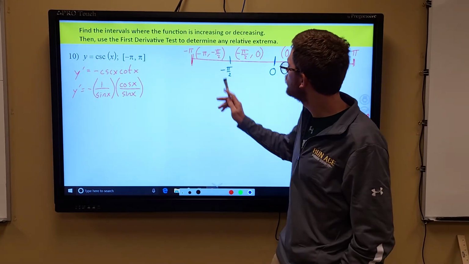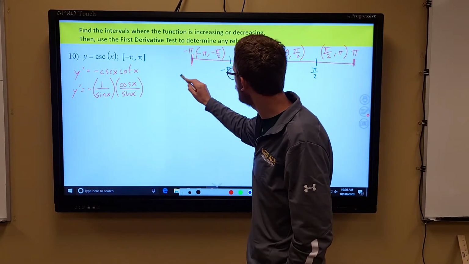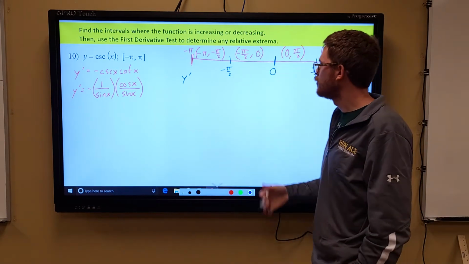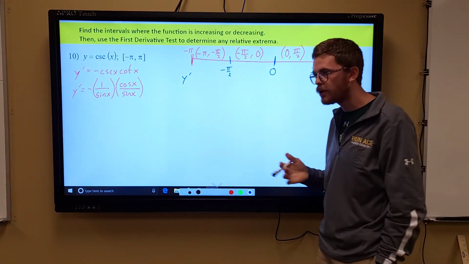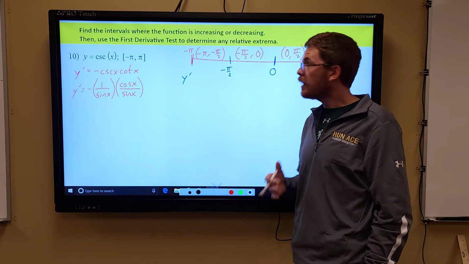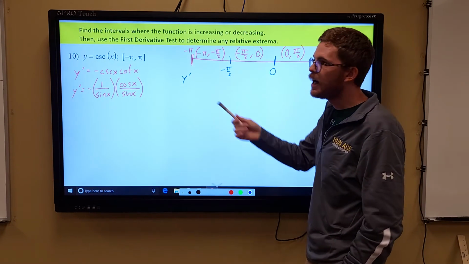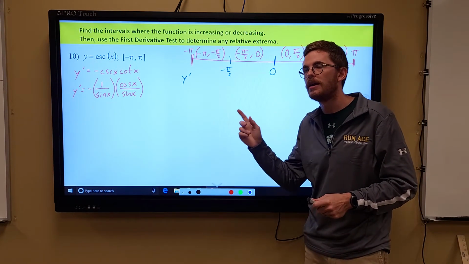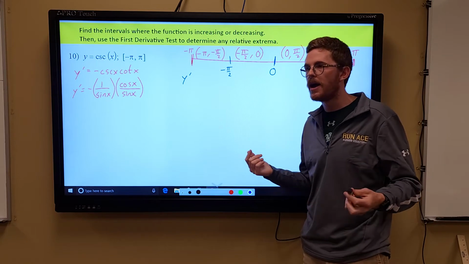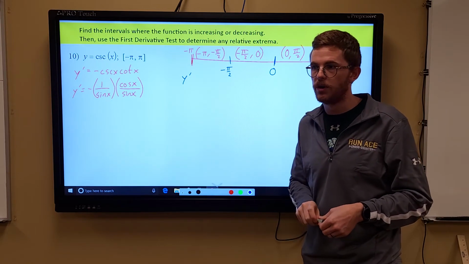So in this first section from negative pi to negative pi over 2, what is our first derivative doing? We can think about some x value between negative pi and negative pi over 2, and I'm just going to cut it right down the middle.